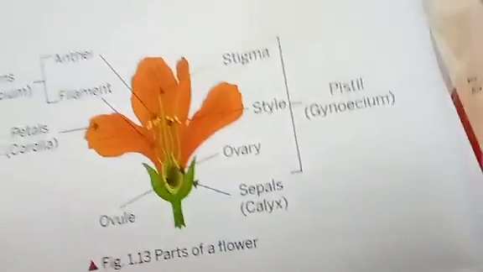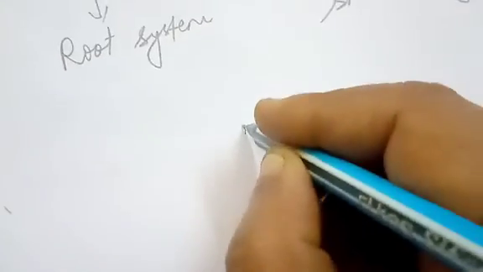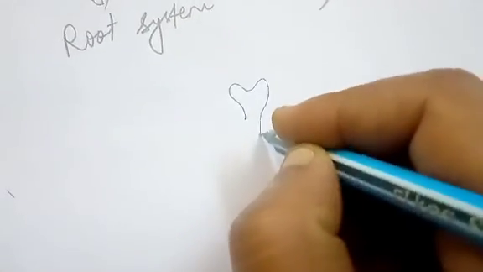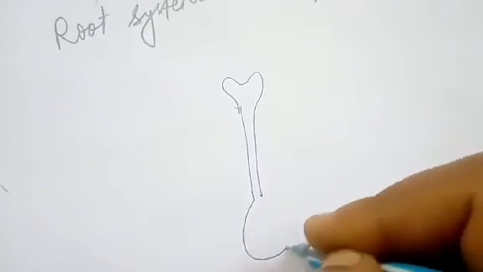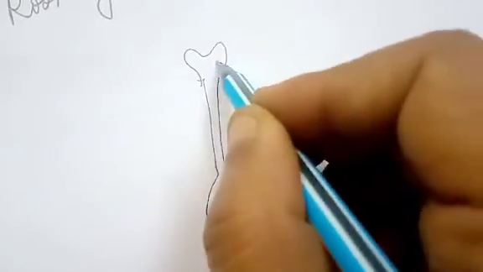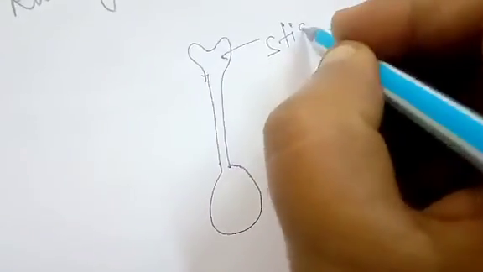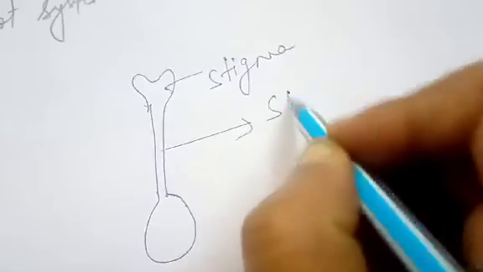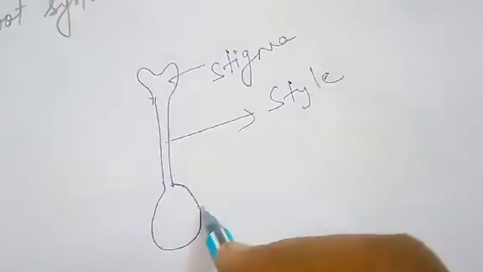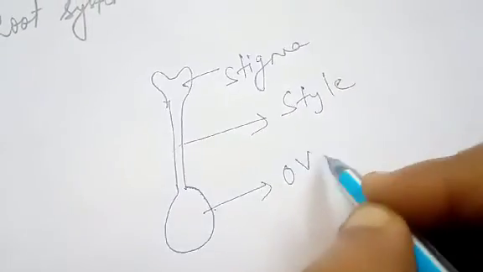This one you can see it is not clear, so I am drawing it on this paper. You see here this one, like this is the structure of carpel. You will see here swollen. This is the stigma. The top part is the stigma, this is style, and this part is the ovary.